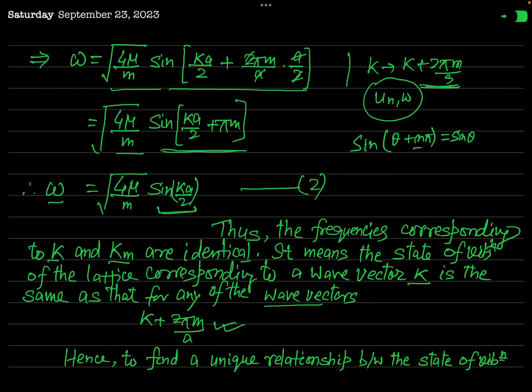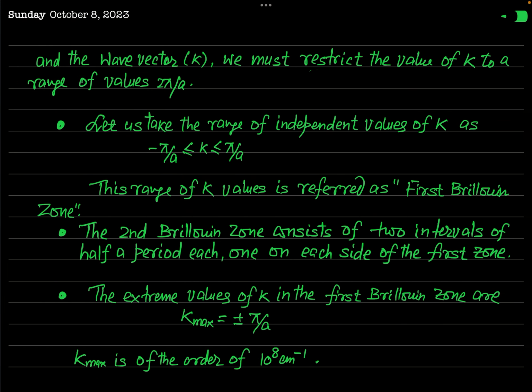And therefore if your aim is to find a unique relationship between the state of vibration and the wave vector k, you must restrict the value of k to a range of value 2 pi over a, because this is the periodicity of this function. So now we are considering the range which will be equal to 2 pi over a, and we consider this range between minus pi by a and plus pi by a.